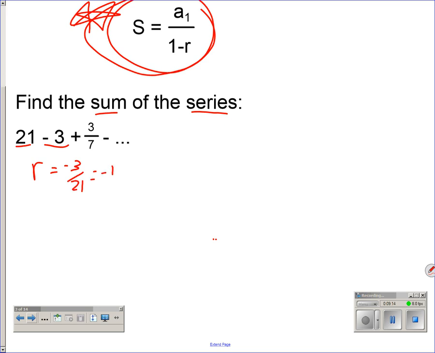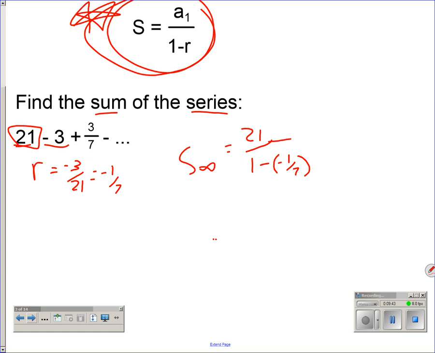And that ends up being -1/7. Is -1/7 between -1 and 1? Yes, it is. So I'm able to find that infinite sum. All you have to do, and some people denote it this way, is take your first value, which is 21, divided by 1 minus your rate, which was -1/7.